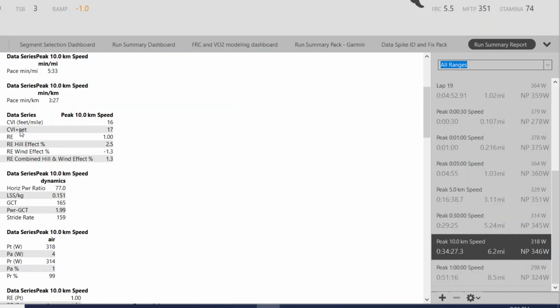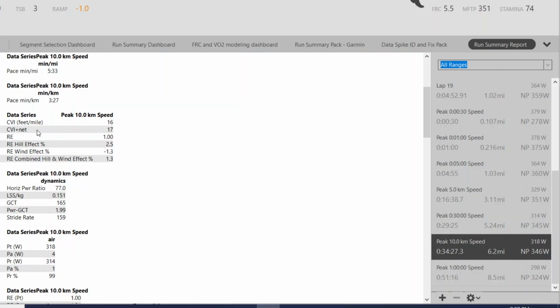So if you do a route where you step out your front door and run a route, the CVI is going to be equal to the CVI plus net, because you're not really gaining or losing. Of course, there can be some slight variations in your altitude reading over the course of a run, so that the baseline changes a little bit.